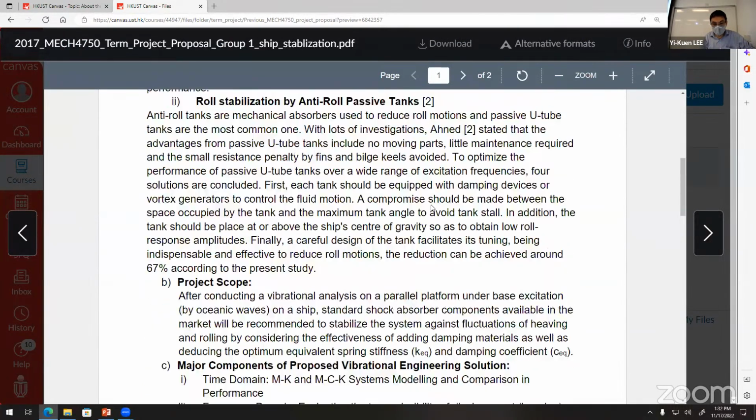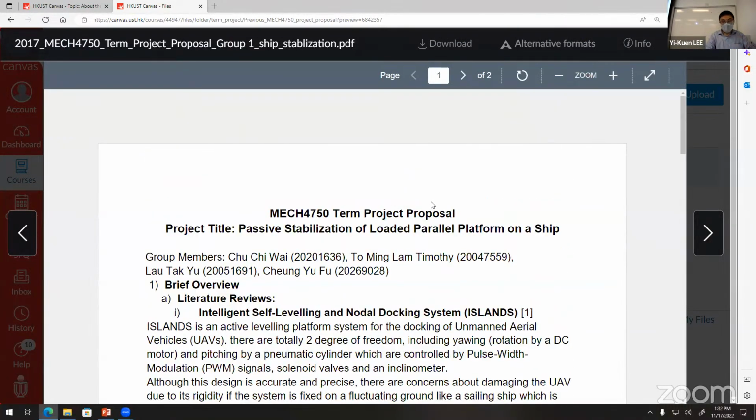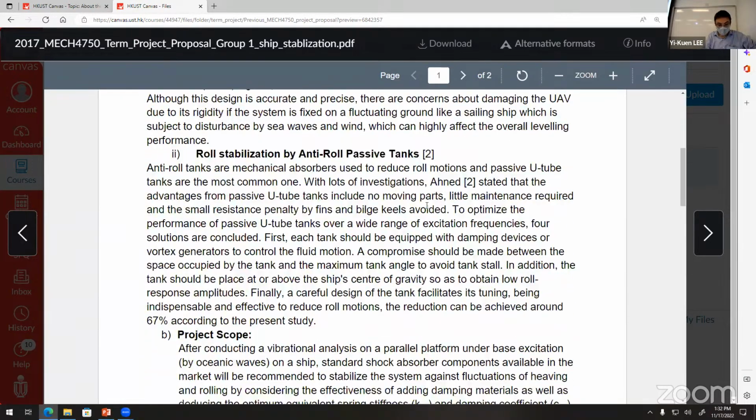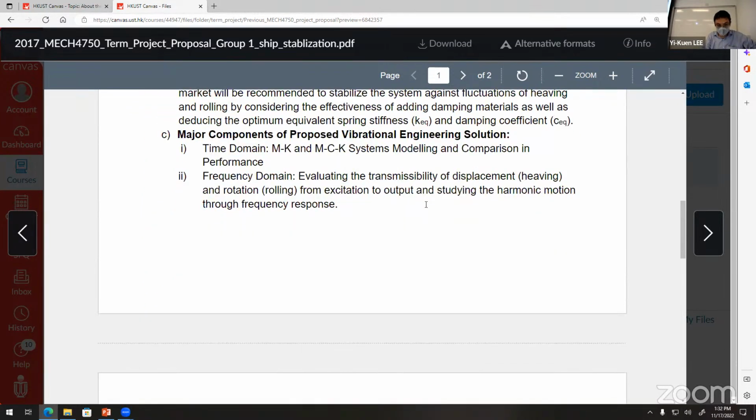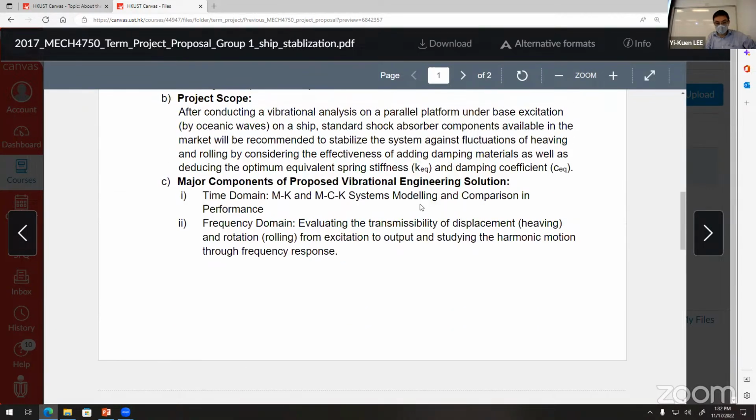The key thing here is you need to do enough literature review about a specific vibration engineering project, and then what you can do. As I told you, typically for vibration engineering, you may want to think about how to simplify the modeling.